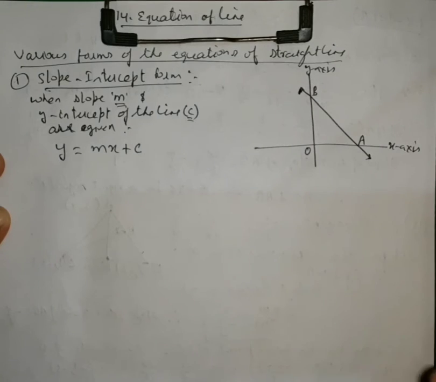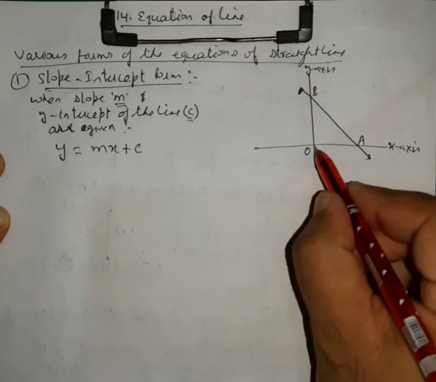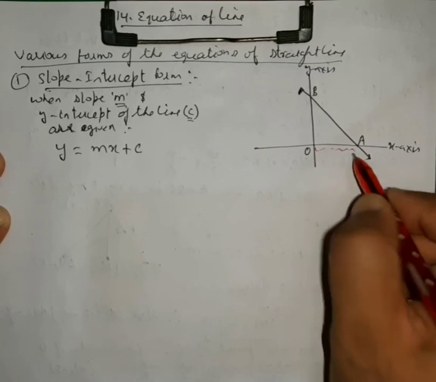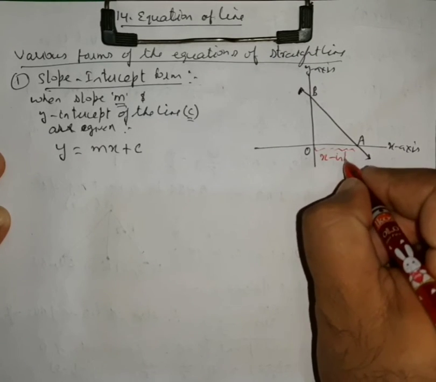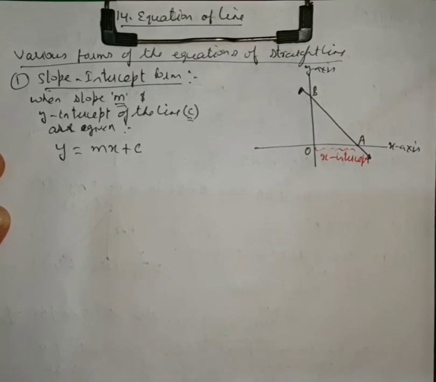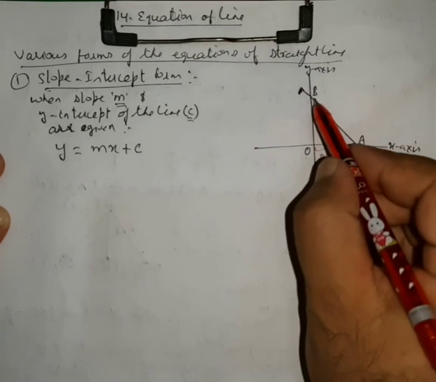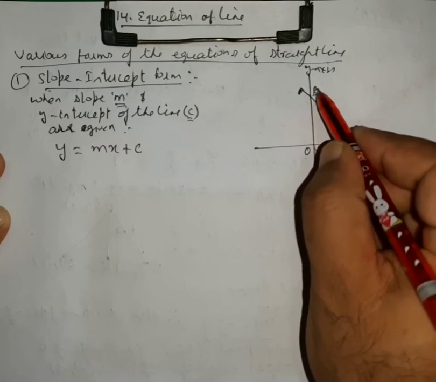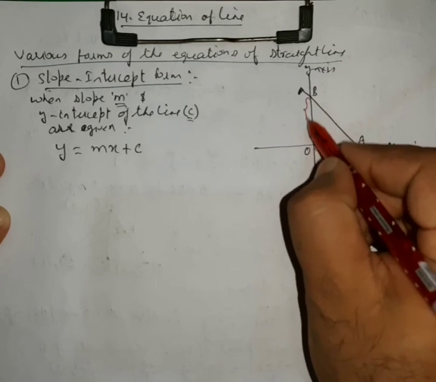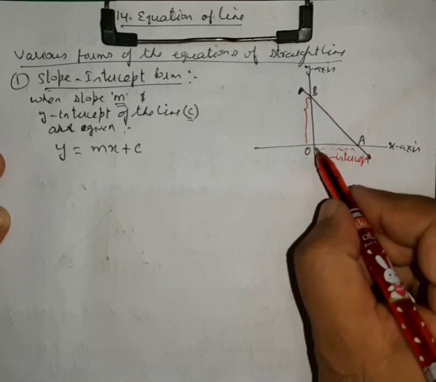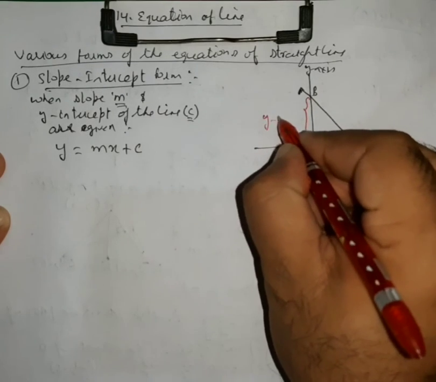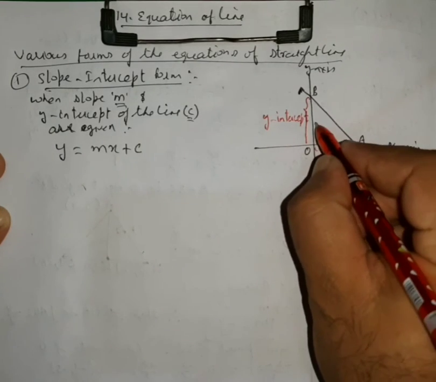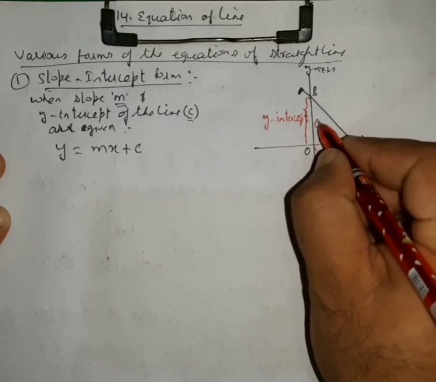Then this length between the origin and the point where the line intersects the x-axis is called the x-intercept. And the point where the line intersects the y-axis, here is B, and the length between this point and the origin is called the y-intercept. And here I am representing this length as c.